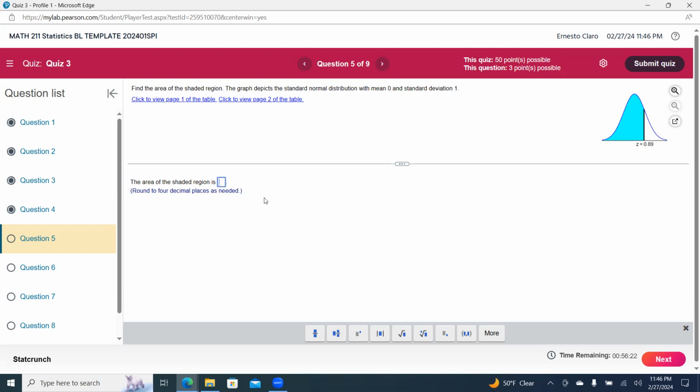So normal CDF, negative infinity to 0.89, comma mean, comma sigma, that's comma 0, comma 1.